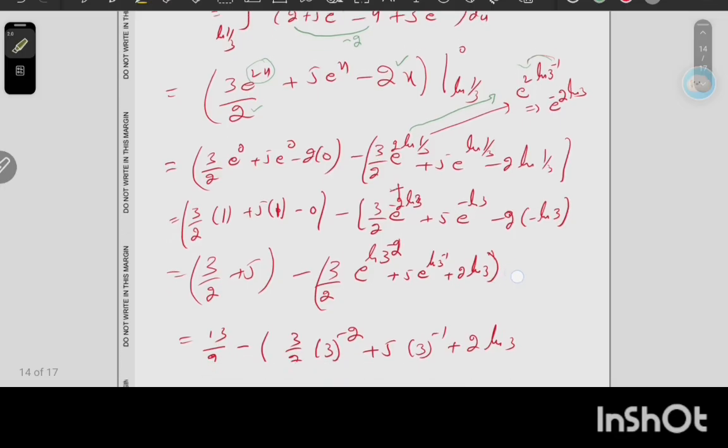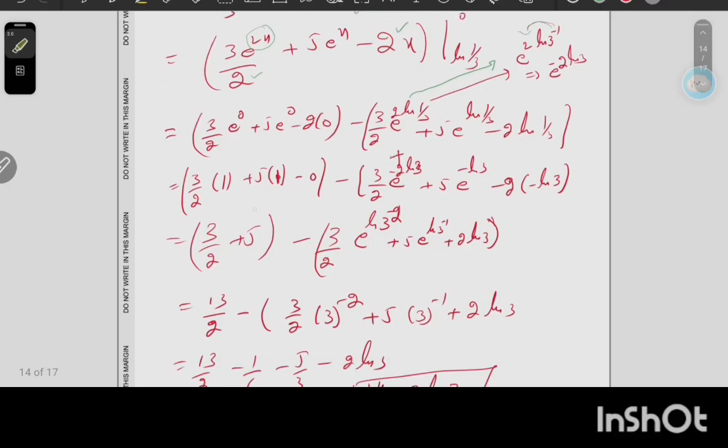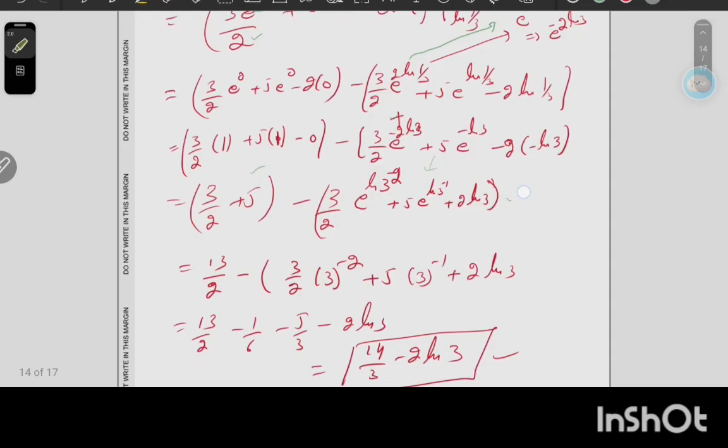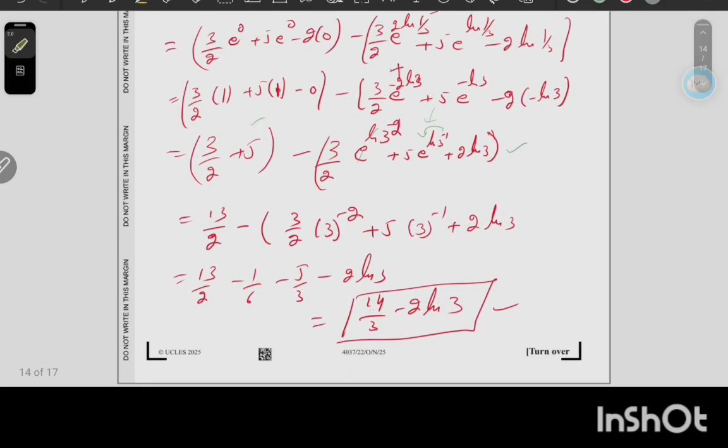We have to apply the log properties. 3 by 2 plus 5 stays the same. The minus 2 power goes to the power, and e and log cancel. So 3 e power minus 2, and for 5, minus 1 at the start, log of e log of 3, and 2 log of 3 stays the same. We apply all this and we get the answer.